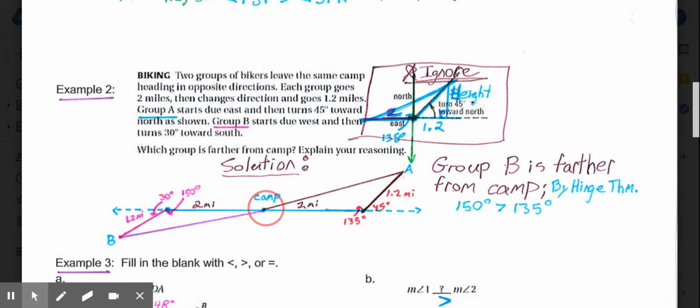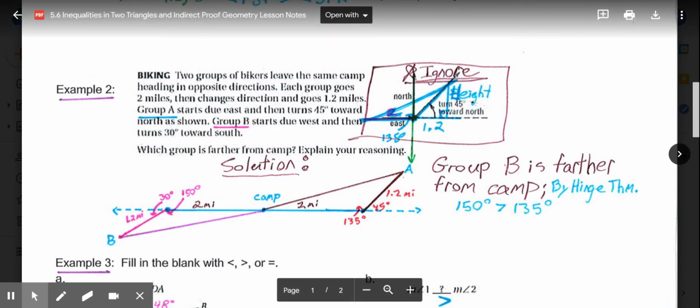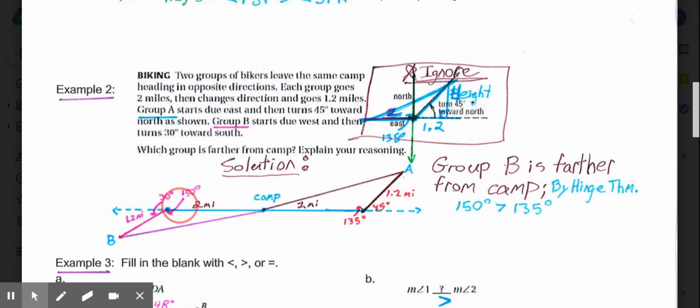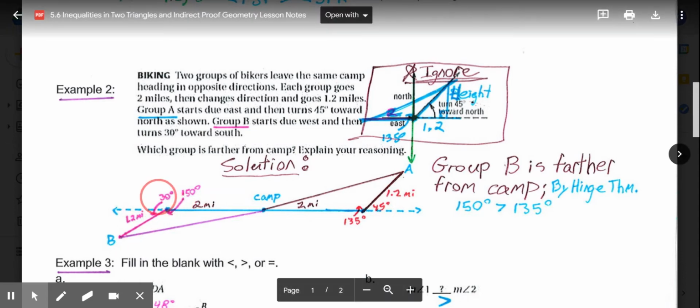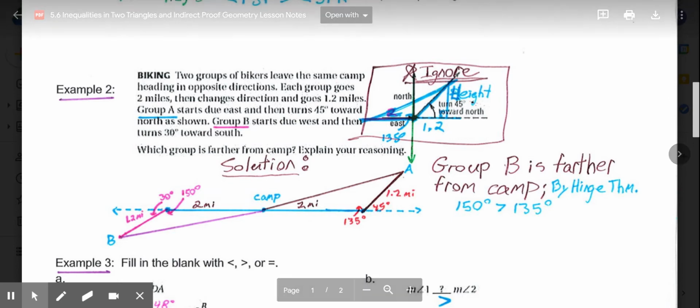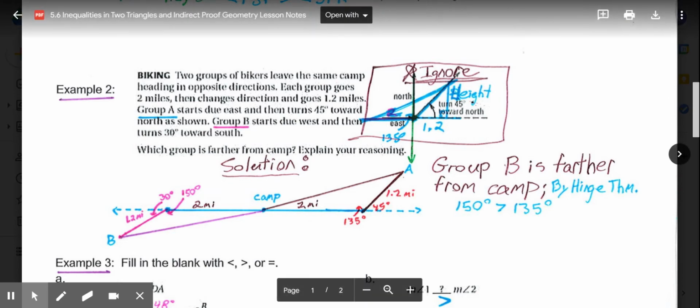Group A started at camp, went 2 miles east, then changed their direction 45 degrees north and went 1.2 miles. Group B went west for their 2 miles, changed their direction 30 degrees toward the south, and then went 1.2 miles. Which group is further from the camp? Explain your reasoning. So I drew my diagram.